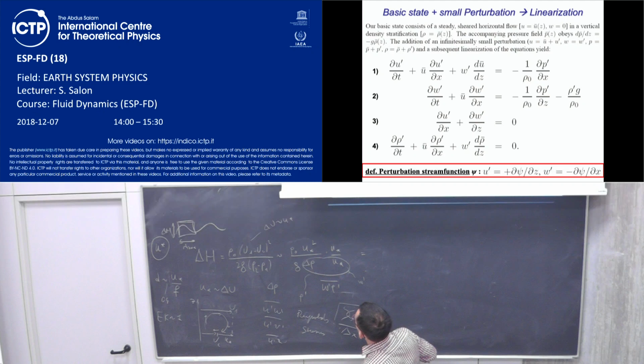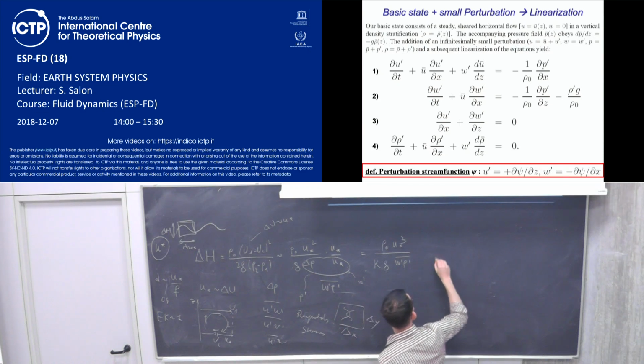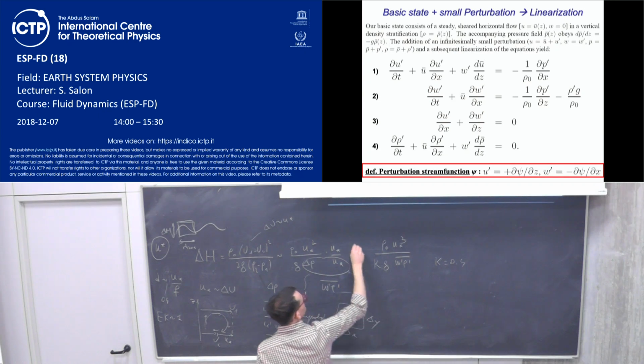So let's make a step ahead, and what we obtain is something which is u star cubed, and then we have g, w prime, rho prime, and we also put a k, which is again the von Karman constant, 0.4, and what we obtain is this.